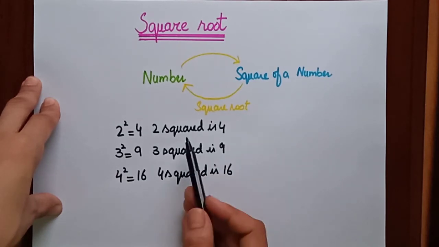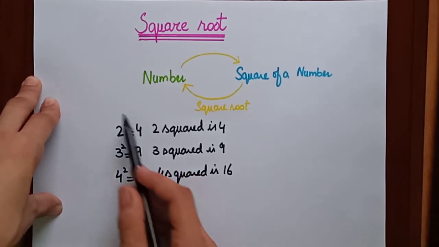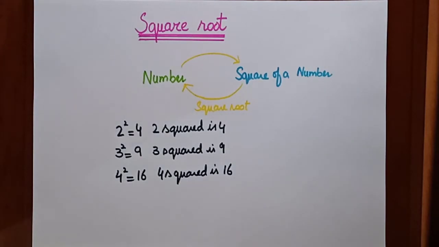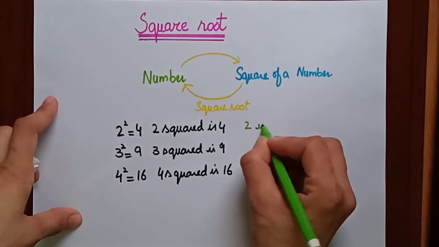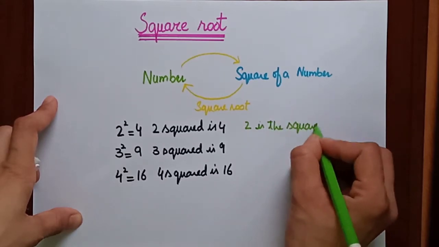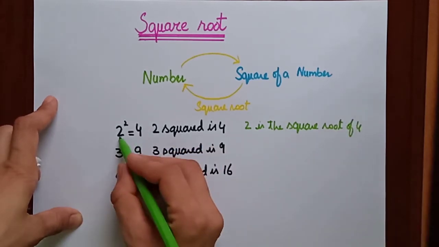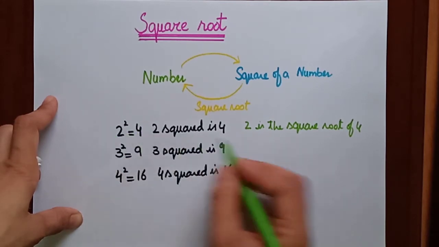Okay. Now the opposite operation, to find the square root of a number: these equations can also be read as 2 is the square root of 4.